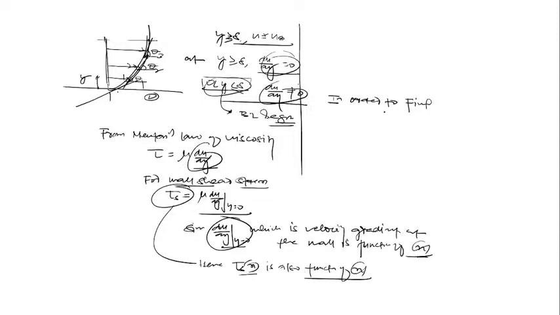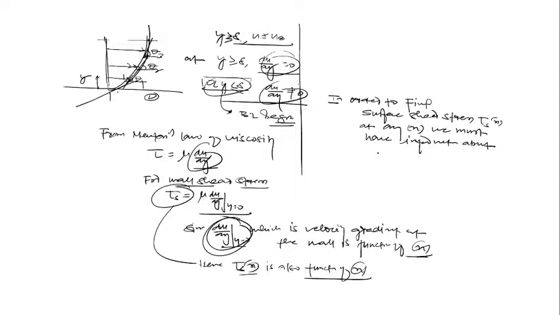In order to find the wall shear, the surface shear stress distribution, surface shear stress meaning tau s at any x, we must have information about what?